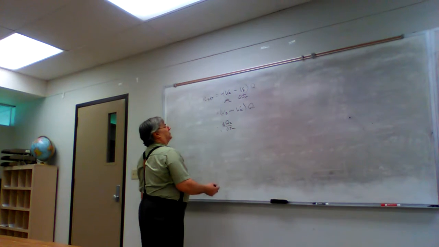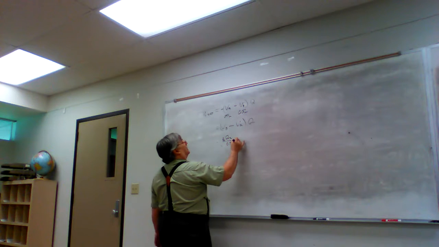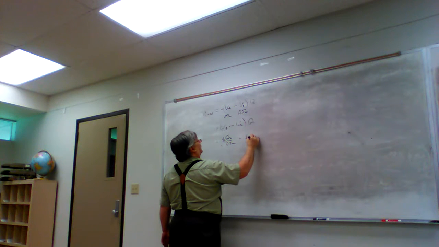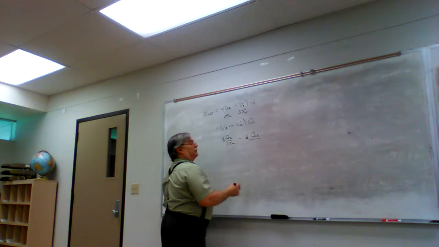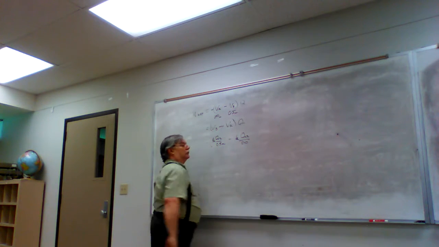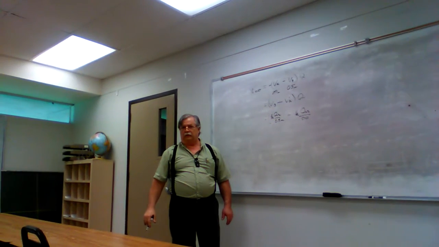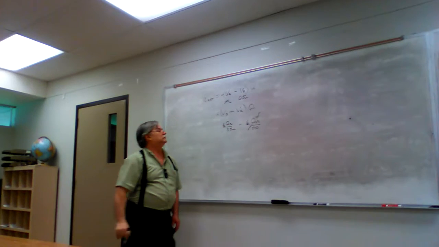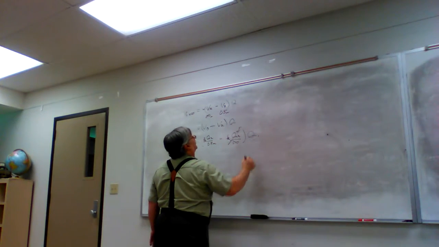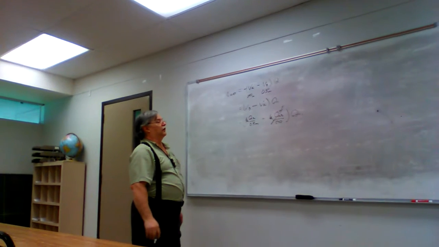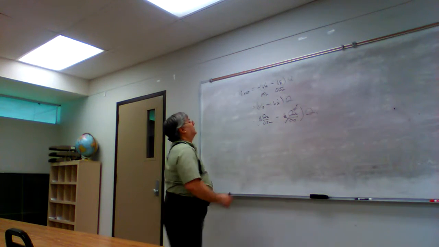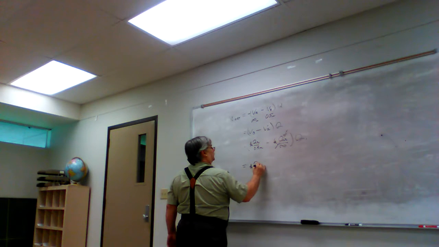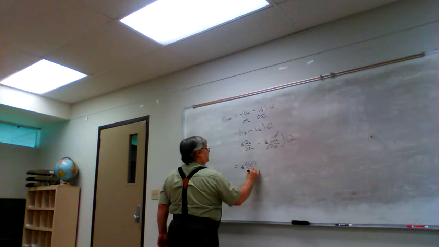That's our potential at point B. Now we subtract from that the potential at point A, which is K times Q2 divided by infinity, so this goes to 0. And we multiply that by the charge that we're pushing, Q1. That means the total work done to get there is K Q2 Q1 divided by 0.5 meters.